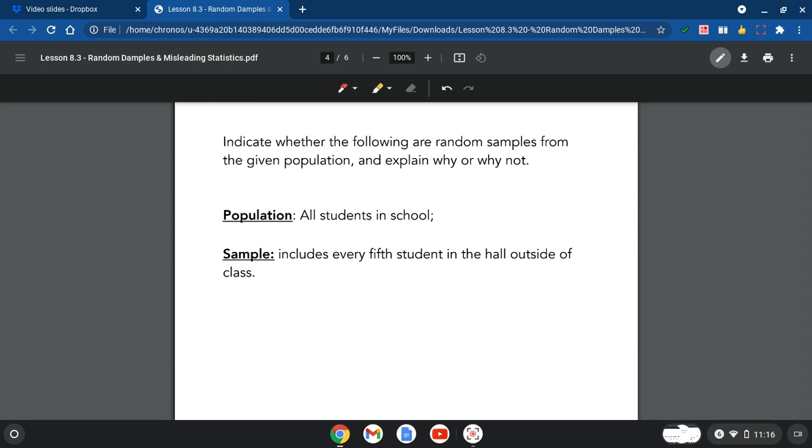This would not make a good random sample because not everyone would be in the hall. If we think of the structure of our school, math and English are usually a double period. So when the bell rings, those students would not be in the hall. Therefore, we are missing a huge group of students that could potentially be in our random sample.